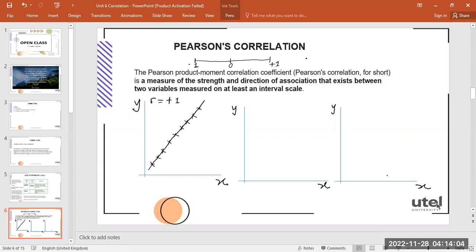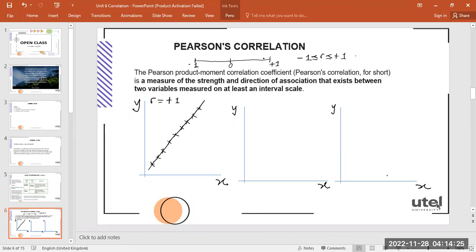So when you calculate the value of R, it must lie between -1 and +1.